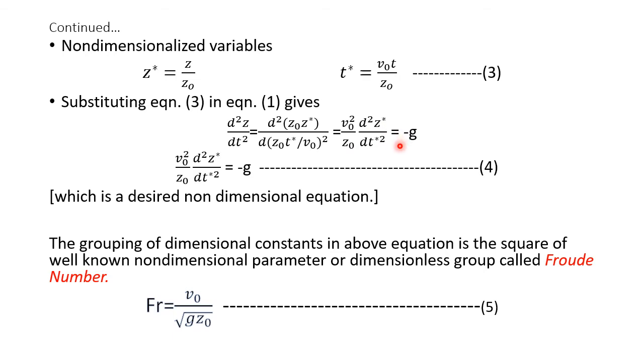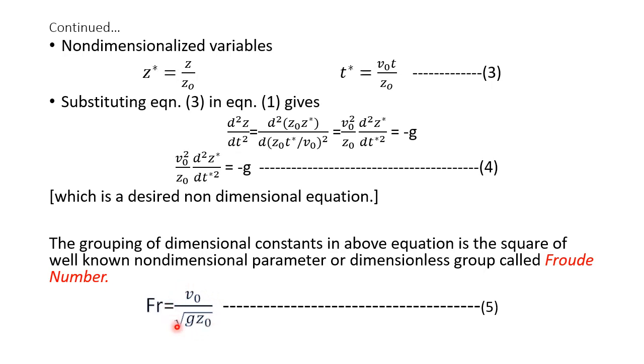Now when I modify this and take g to the denominator, if you look at these constants, I have v0 square by g z0. When I remove the square, it becomes a square root in the denominator, that is v0 by square root of g z0.